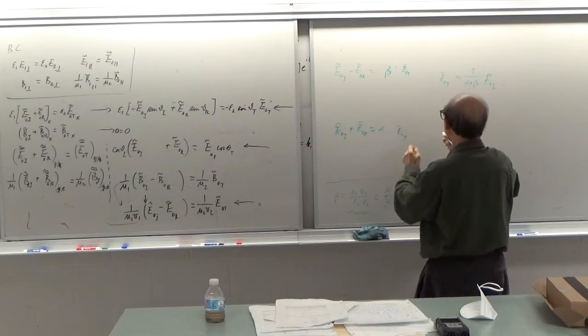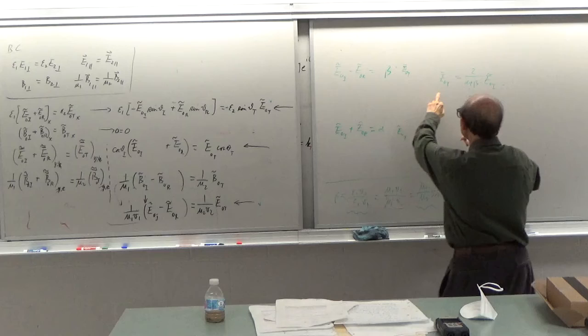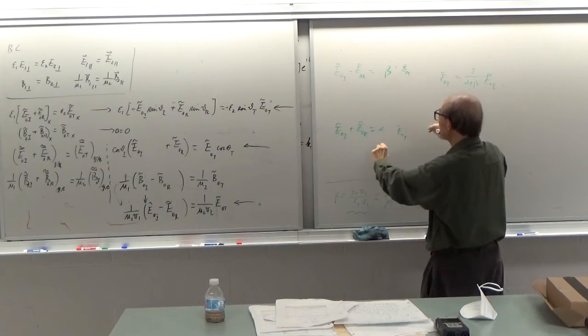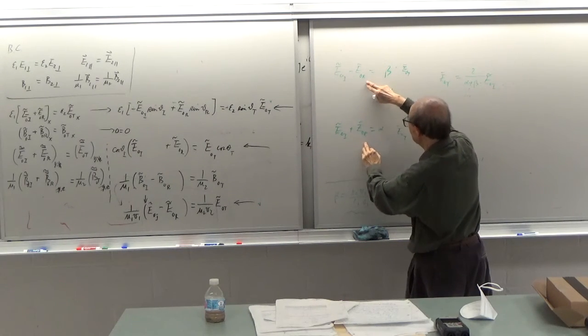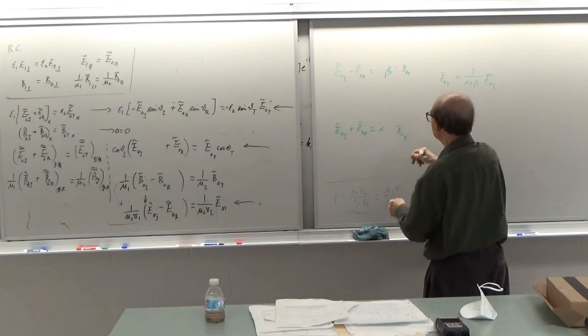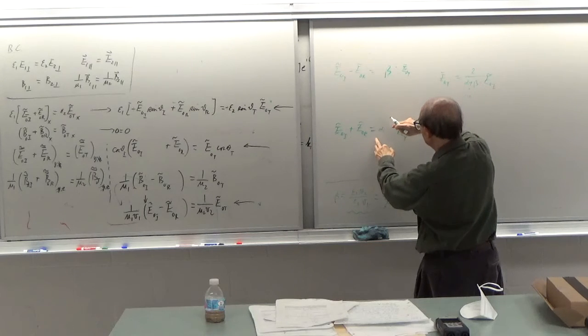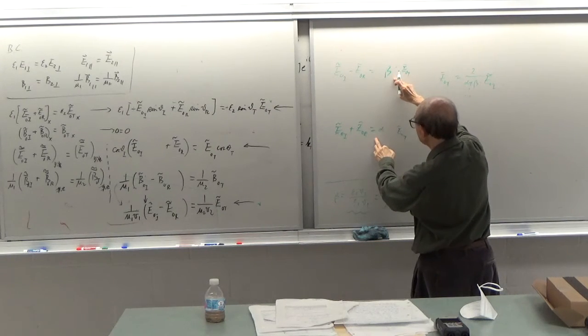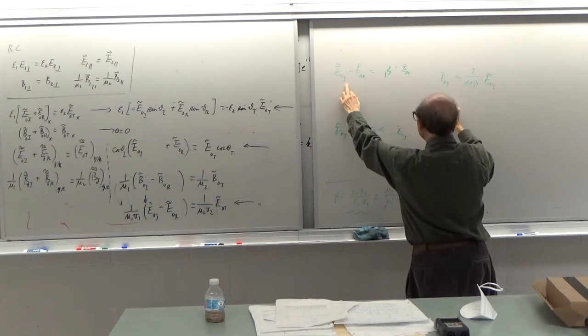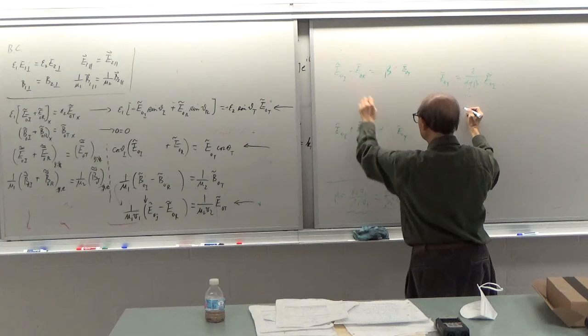On the other hand, I've written the transmitted amplitude related to the incident amplitude. Let me now write the reflected amplitude in terms of the incident amplitude. The way to do it is this minus that, then we get twice this, and this cancels. So I have E naught R, this minus that is 2, equal to this minus that.